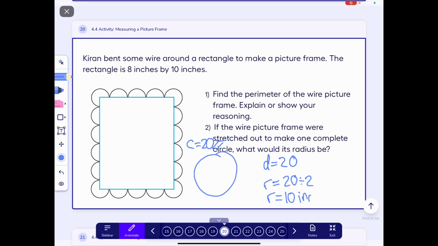We're in inches. The radius is 10 inches. And so the hard part was number 1. Once you have the total perimeter, that is, if you make that into a circle, that's the circumference. And then once you know the circumference, you can find the radius.